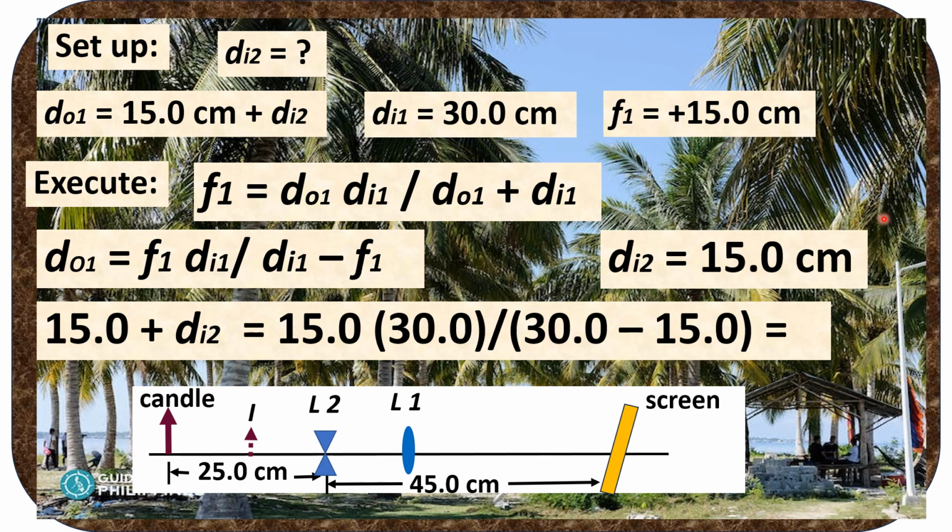So in a short while, we will proceed in calculating the focal length f sub 2. That is the focal length of the diverging lens, and we will be using this computed value for d sub I2, which when incorporated into equation number 1, should have a negative sign because, as we've said, the image is virtual.